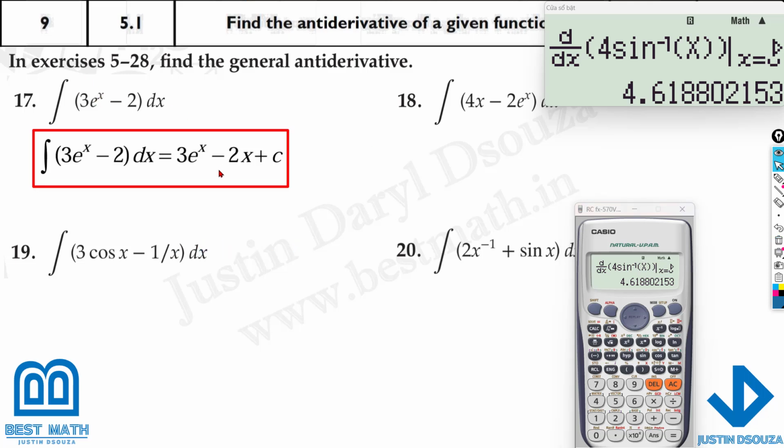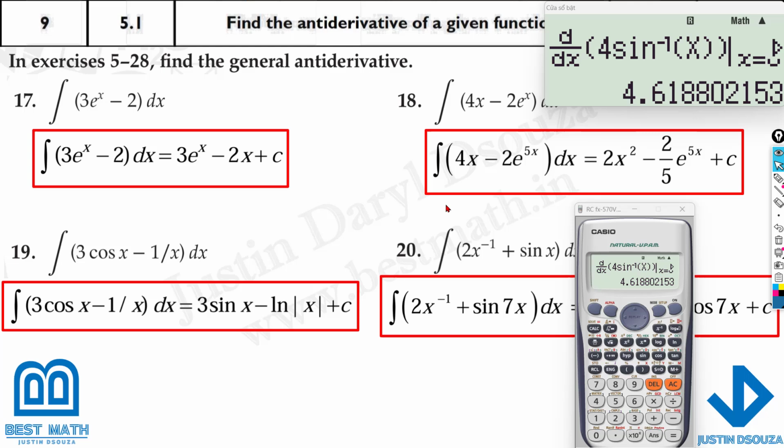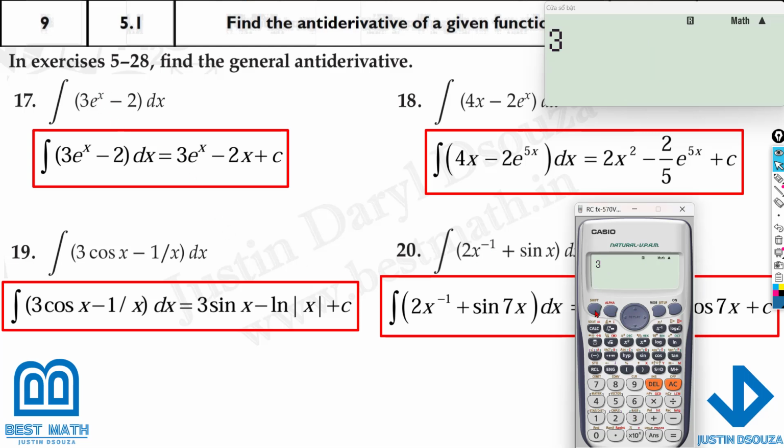E power x, that is also available in the calculator itself. So let me solve these two over here. At the left side, these right sides are similar. Here first 3, shift and ln gives you e, or you can even press alpha and this symbol, and then you need to raise it to the power. Over here, x minus 2, I'm going to calculate it at 2 for now.